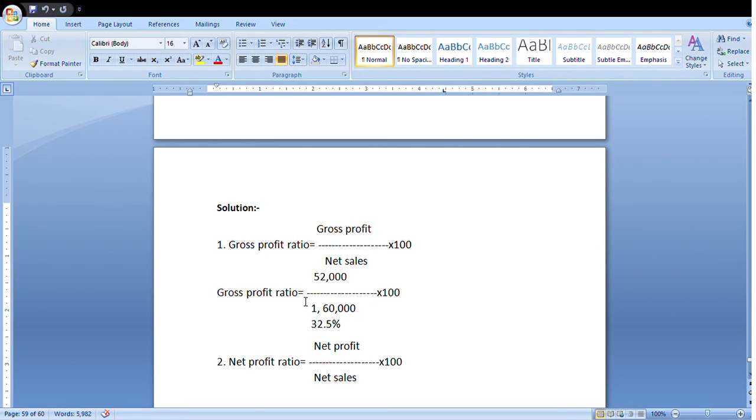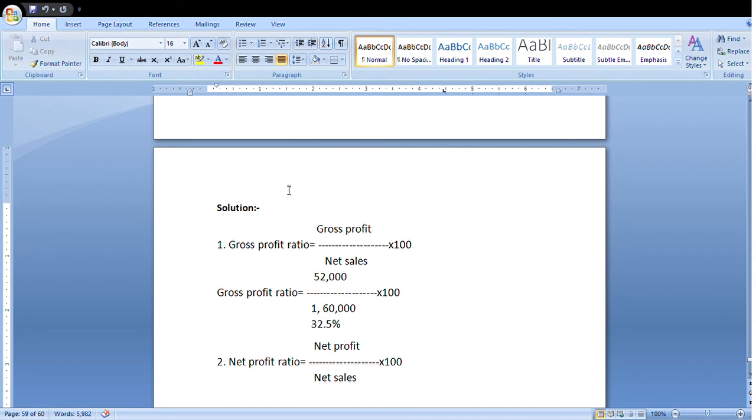Gross profit ratio is equal to 52,000 by 160,000 into 100, which is equal to 32.1%. This is the gross profit ratio. This point is over.